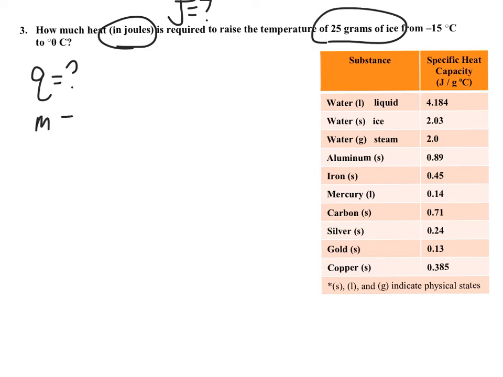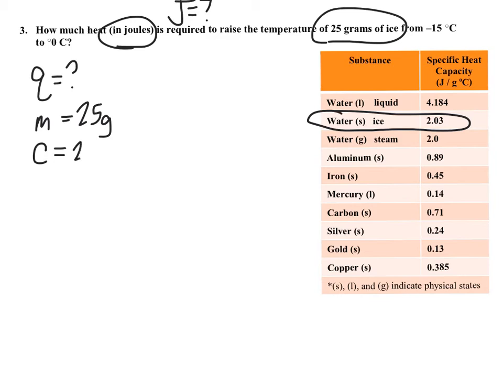So first of all, I know that I've got 25 grams of ice. And if I'm dealing with ice, I'm going to look up my value for specific heat, but I have a feeling I'm going to be using it. The specific heat for ice is 2.03. Not nearly as high as liquid water, but still, ice has a pretty decent specific heat.